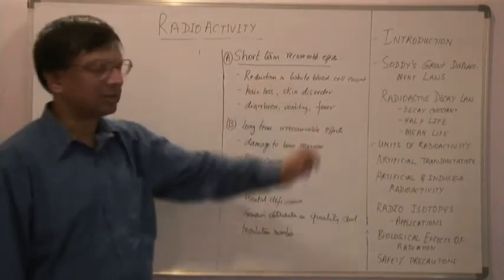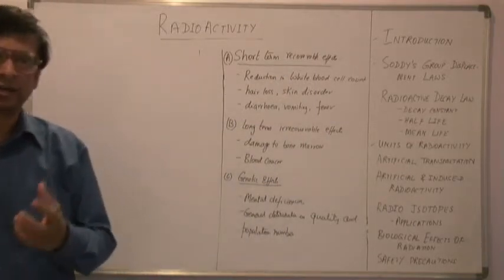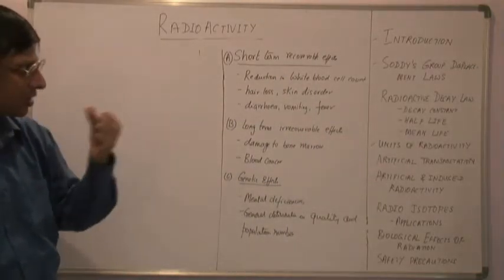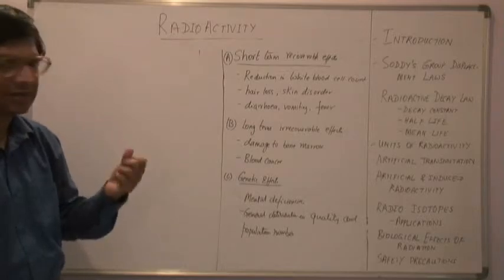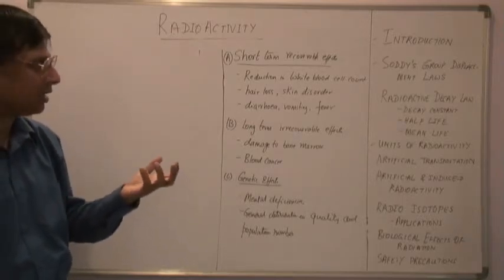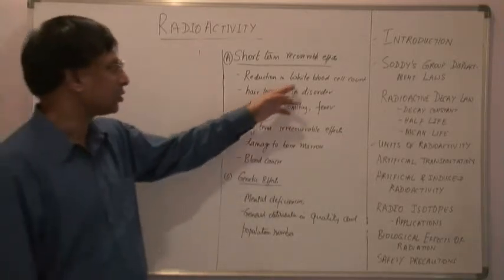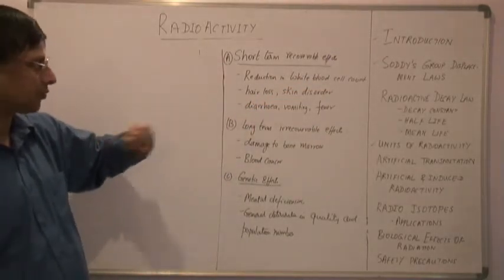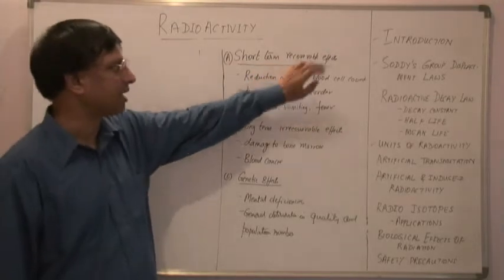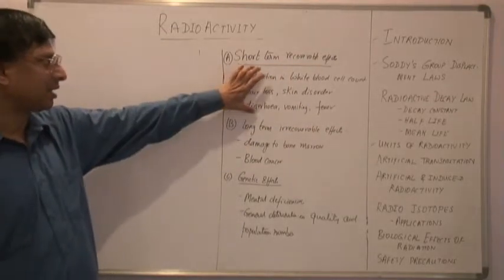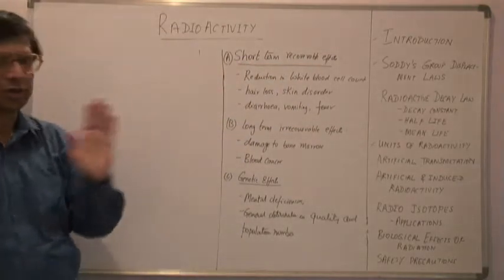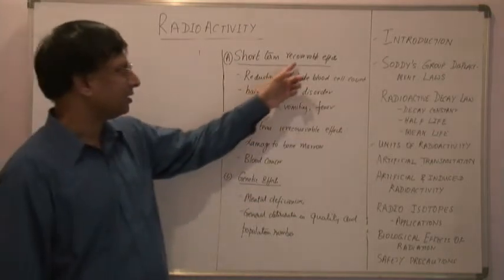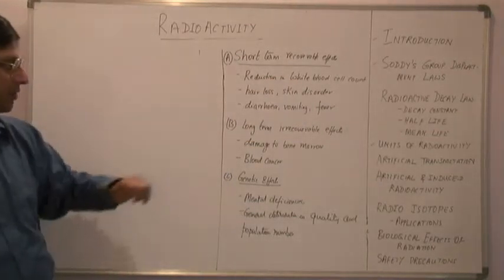White blood cells are the ones that attack external viruses, and they give the defense to the body. So those counts get decreased if one is exposed to radiation. These are recoverable effects, in the sense they are limited to a short duration of time, and then they get recovered over a period of time.